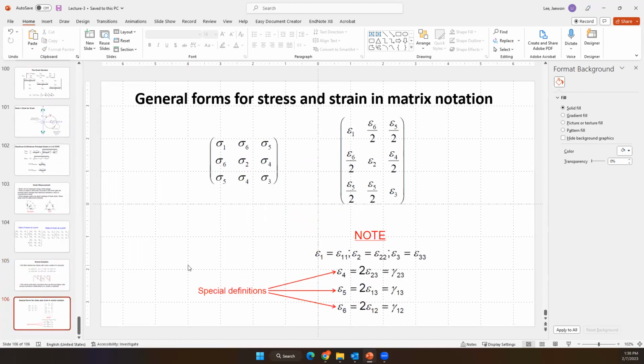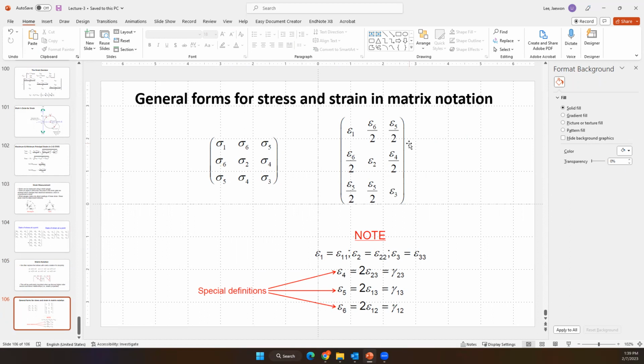Then we can make it simple. We can simplify the stress like 1, 2, 3, 4, 5, 6. And also we assume the strain is exactly the same: 1, 2, 3, 4, 5, 6.